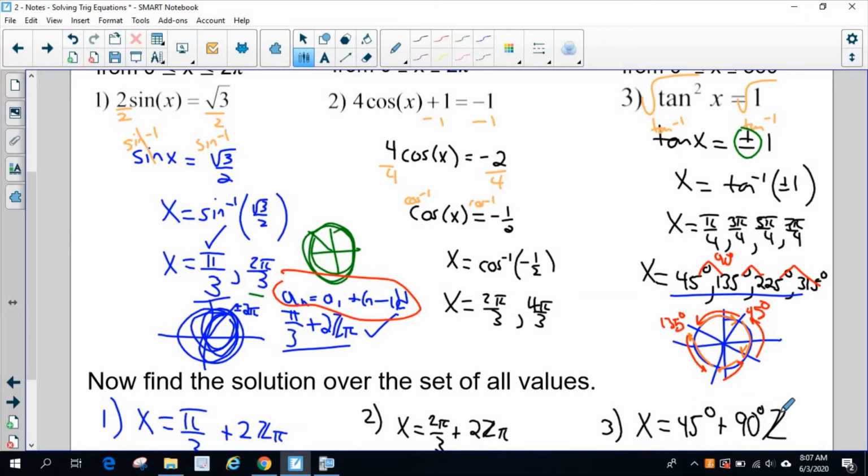So 45 plus 90z, if I want it to work out this equation where I said a_n is equal to a_1, so a_1 would be 45 plus n minus 1 times d, where d was 90, I again would get a similar equation, but it would be a little different because of this.